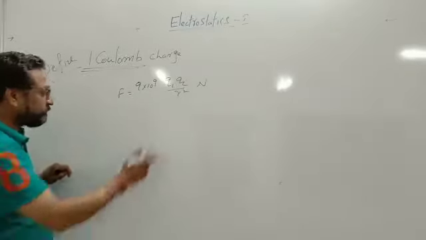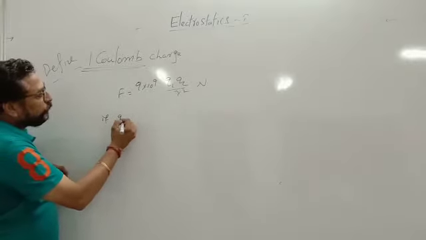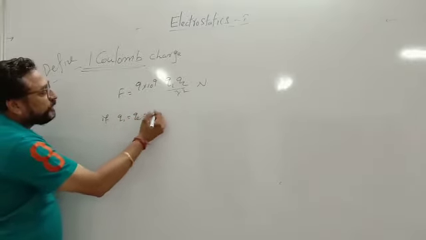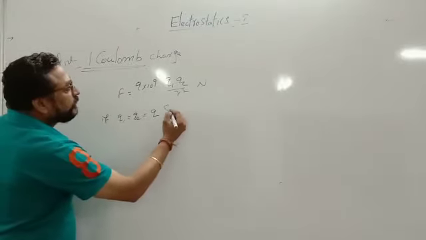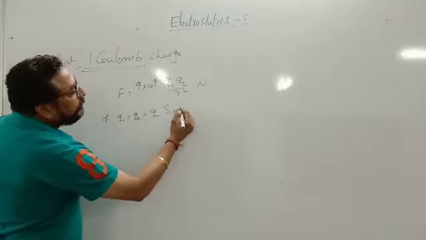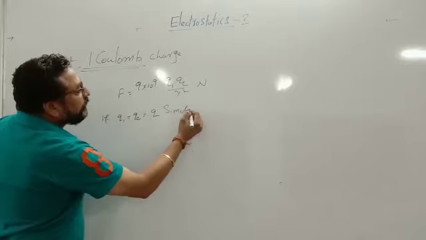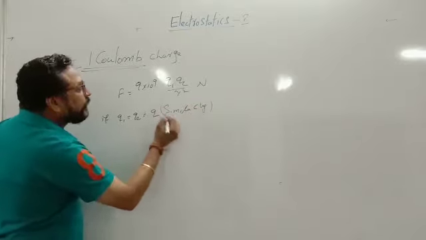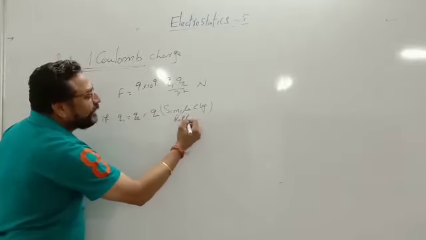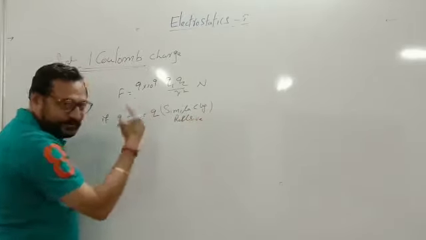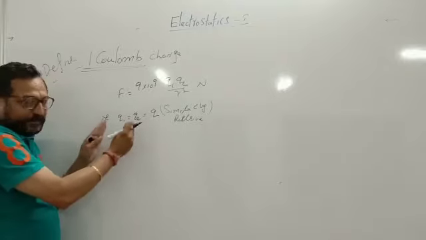Please see on that side. If Q1 is equal to Q2 is equal to Q, and we take them as similar charges, similar means force of repulsion. That's repulsive because both are similar charges.